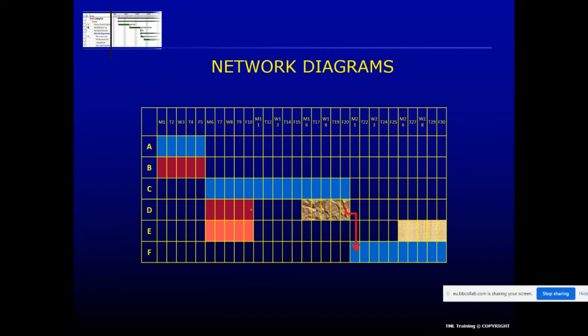Then we've got activity D, which has also got float, and we said it's got 10 days. It can start here, but it can also move to day 16. So there's float to play with on this activity, and there's float to play with on B as well. There's also 10 days here to play with, and it won't delay the project.